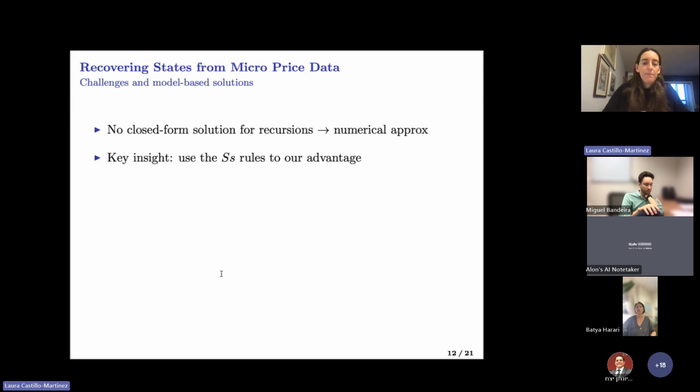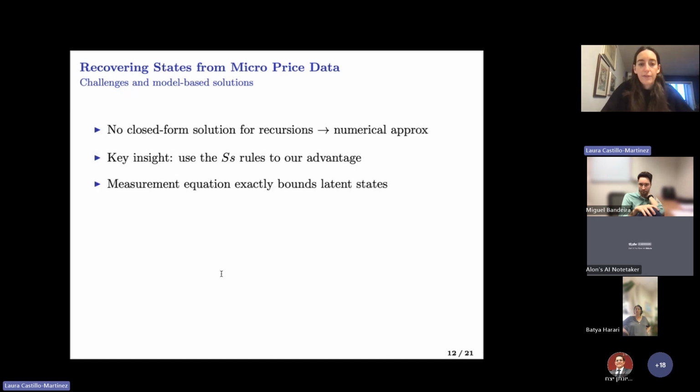One key thing in this type of setup is that the measurement equation, which is the SS rule, is going to be completely deterministic. That means that given the observation, we know exactly which hidden states are compatible or not with what we observe.